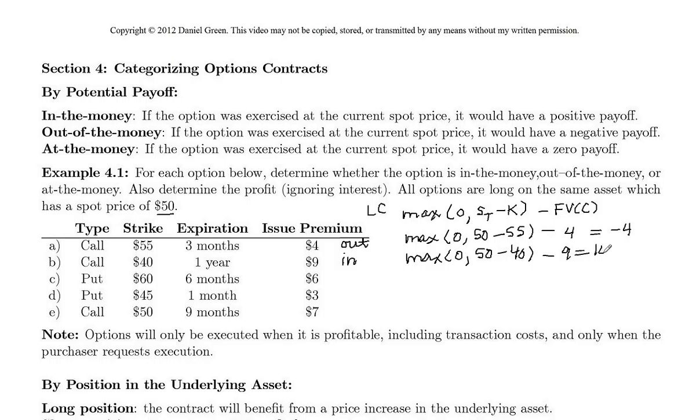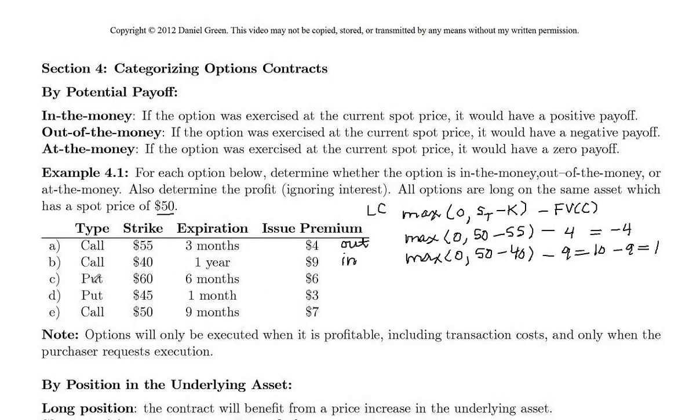So this is 10 minus 9, which would leave us a profit of 1. Now that's a 1-year call, so the price could go up more than $10 in a year. That's actually why the cost is quite a bit higher here too, $9.